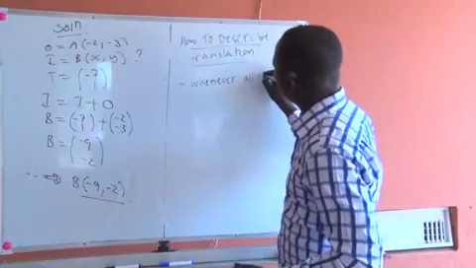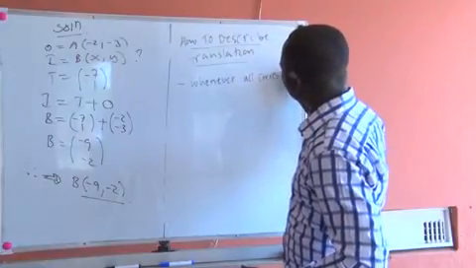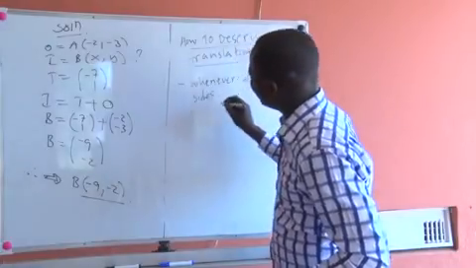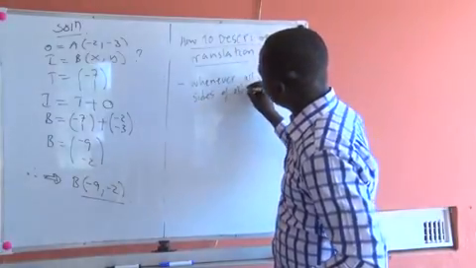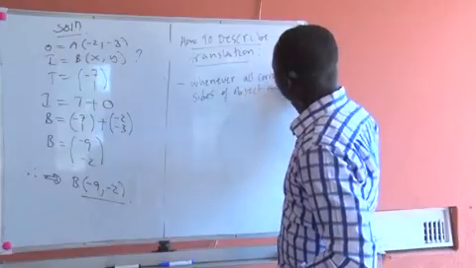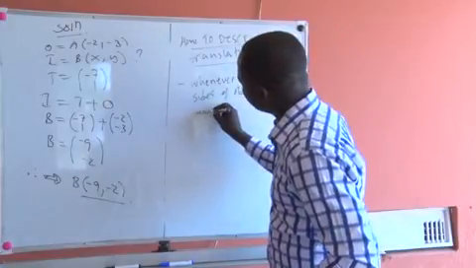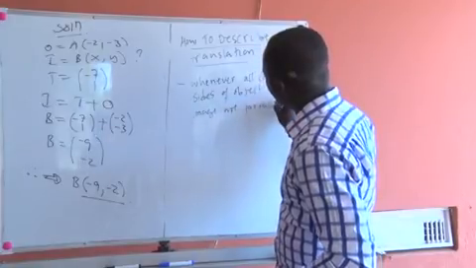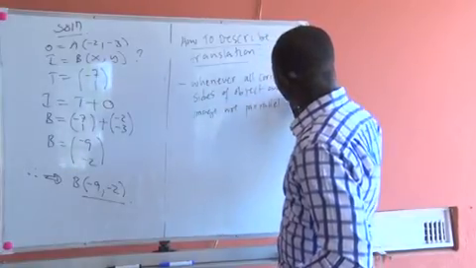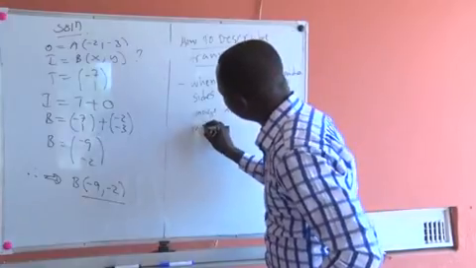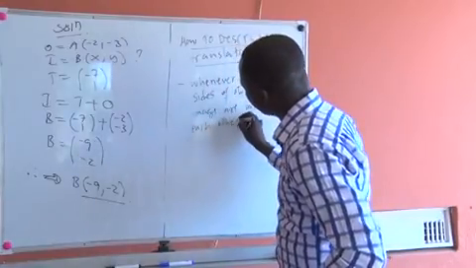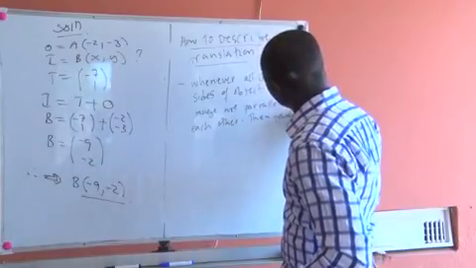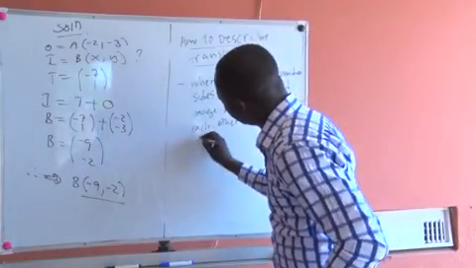Number 1, whenever all corresponding sides of object and image are parallel to each other, then translation is taking place.